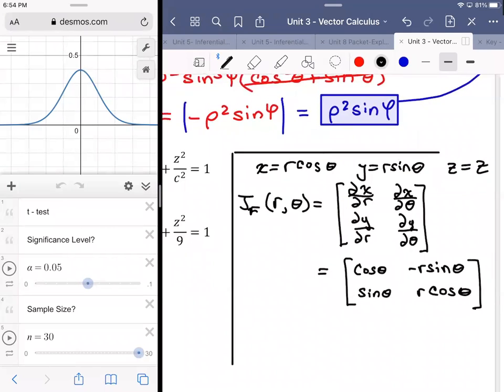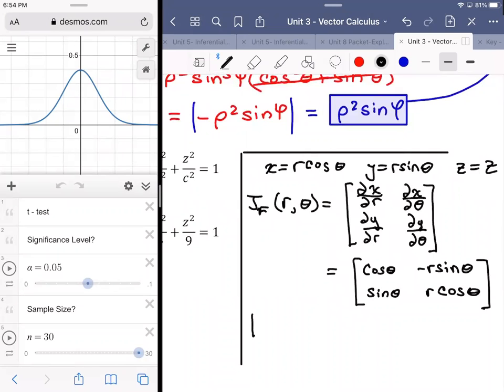All right. So if I want the Jacobian, all I would need to do here is diagonal down minus diagonal up, right? As opposed to cofactor expansion, trying to create a diagonalized matrix, all that good stuff. So diagonal down, R cosine squared theta minus diagonal up, so minus negative, so plus R sine squared theta.